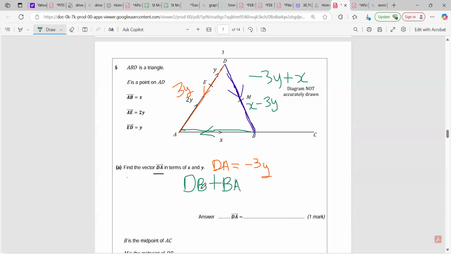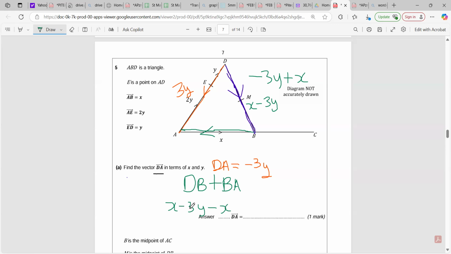So you go D to B and then from B to A. Alright, so we worked out DB to be x minus 3y. That's DB. But what is BA now? We're going against the arrow, right? So that would be minus x.